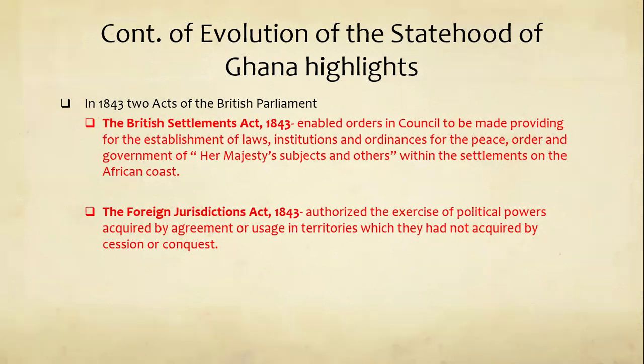Now, the point to note is that initially, the British interests or possessions along our coast consisted mainly of the forts.